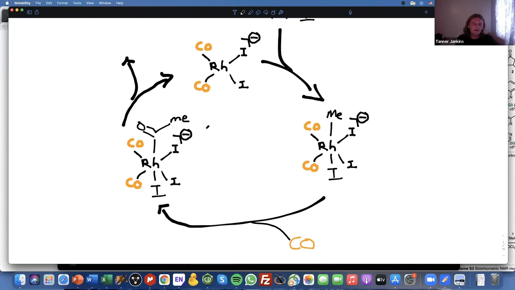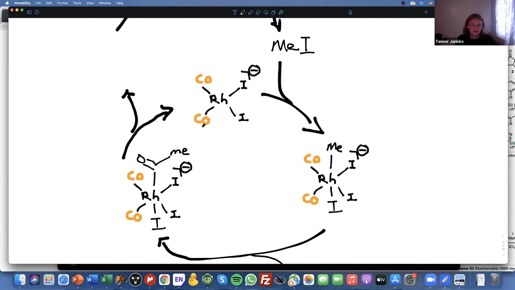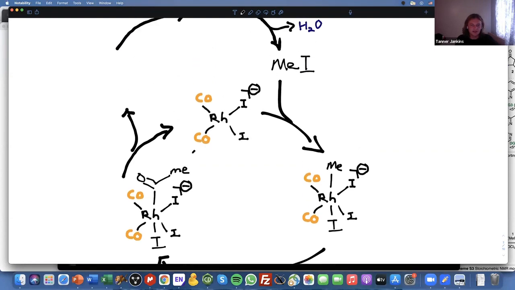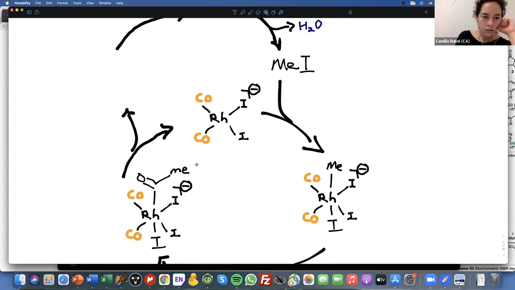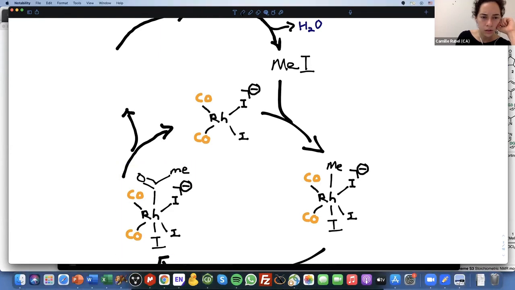And to close the catalytic cycle, Camille, what are we going to do here to generate our starting rhodium complex? I think we'll have to add water.